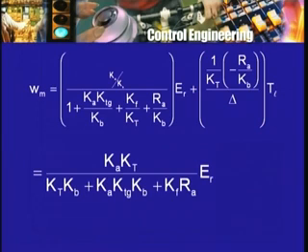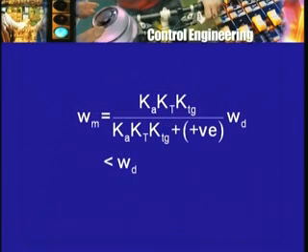That term appears in the denominator also, but to that are added two more terms which are both positive. So we have omega m equal to Ka Kt K tacho generator divided by the same thing, Ka Kt K tacho generator, plus some positive quantities, multiplying omega d. So because the numerator is less than the denominator, omega m must be less than omega d.